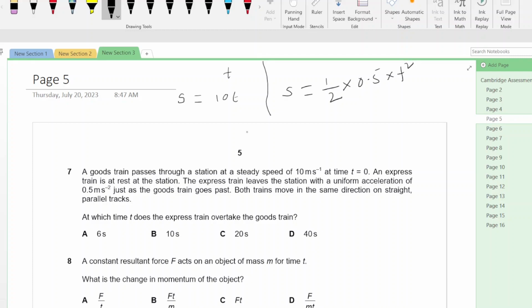Now solve these two equations. 0.5t squared by 2 minus 10t equals 0. 0.5t by 2 minus 10 equals 0.